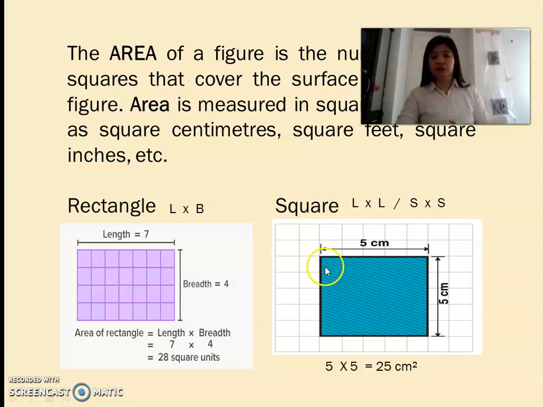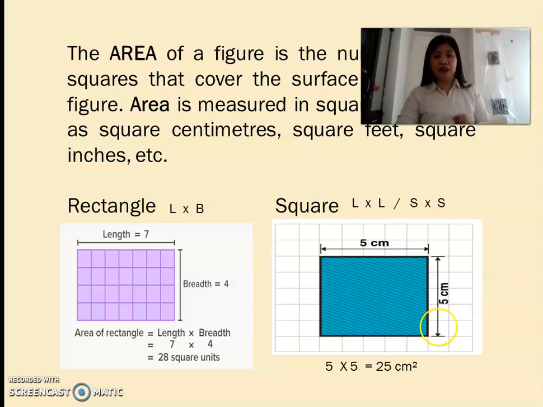Now, look at the second figure, the square. The square has 4 equal sides, and the formula in finding the area of the square is length times length, or side times side.